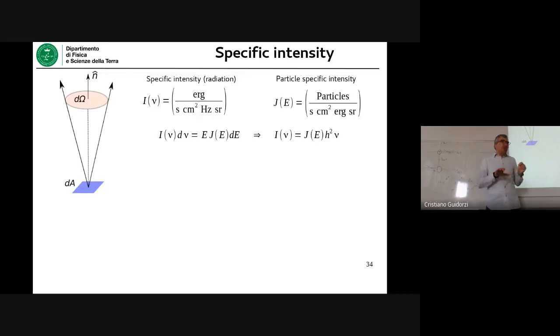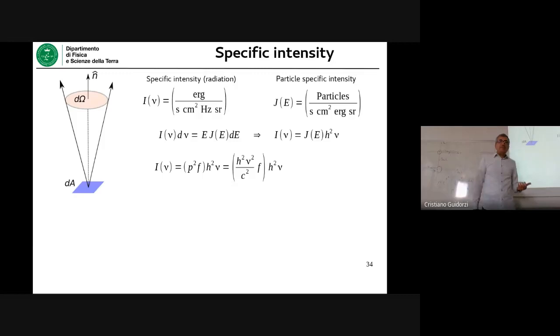But if I want the energy, I have to multiply by the energy of the photons, which is E. Number times energy gives me the energy. So you see there is a simple relation between I, the specific intensity, and the particle specific intensity, in the sense of number of photons. Apart from h, the Planck constant, there is just a factor of an extra nu.